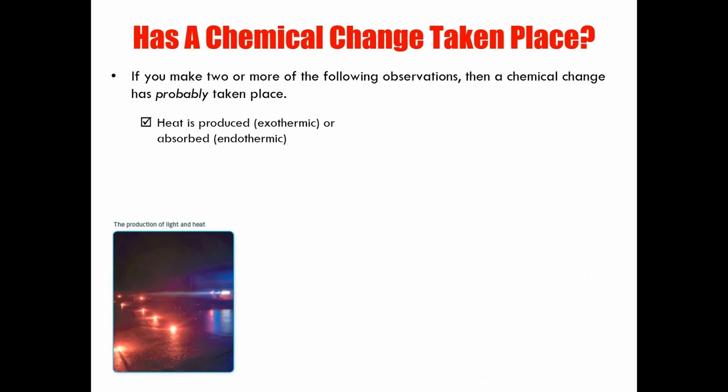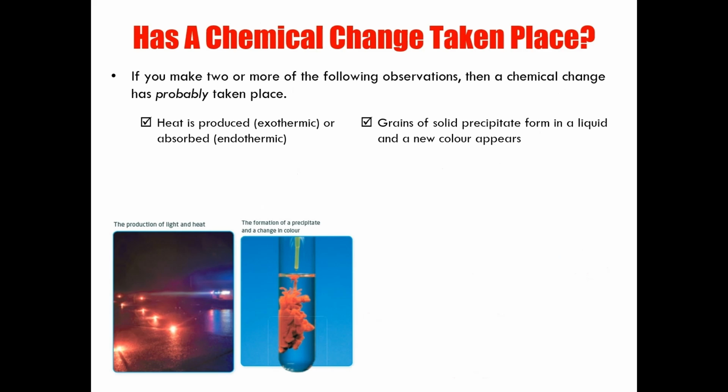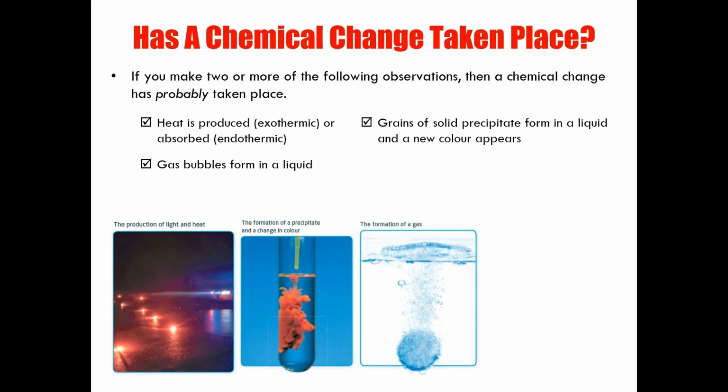First, determine if heat is absorbed or produced by the reaction. If so, then the reaction is either exothermic or endothermic. Then look to see if grains of solid precipitate have formed in the liquid, or if a new color appears. Are gas bubbles formed in the liquid?